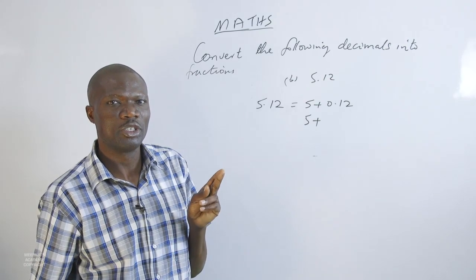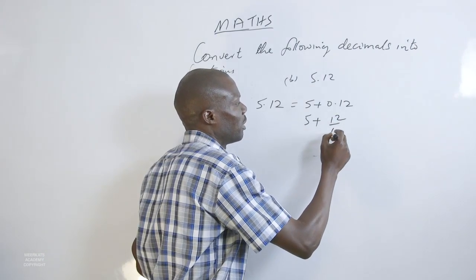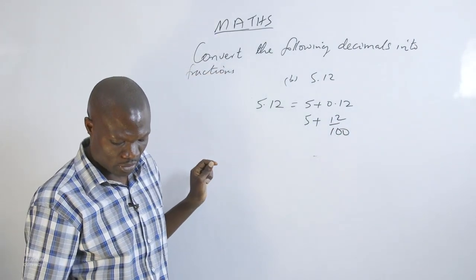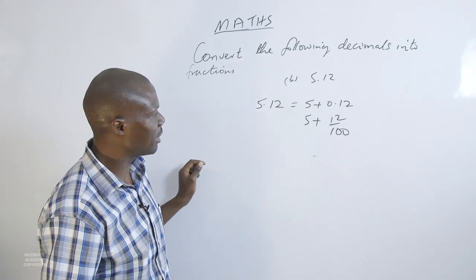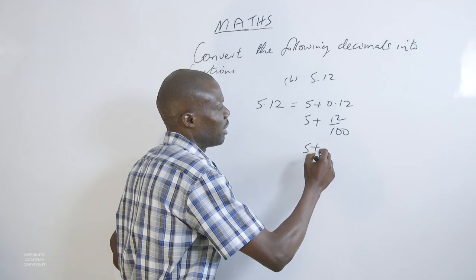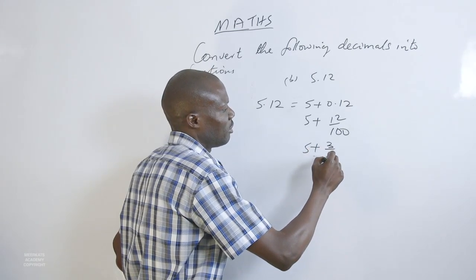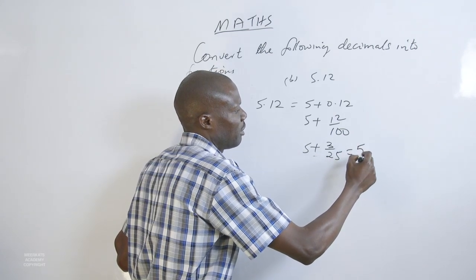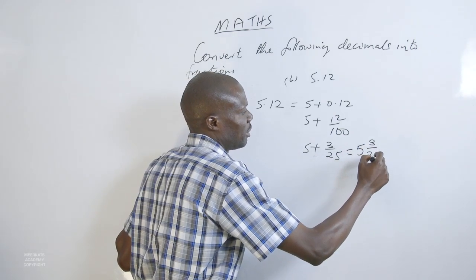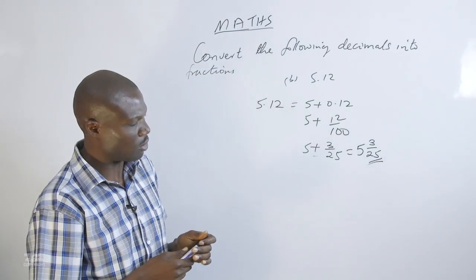There are 2, therefore we shall have 100. 12 over 100. When you simplify that by 4, you have 5 plus 3 over 25, which is 5 and 3 over 25.